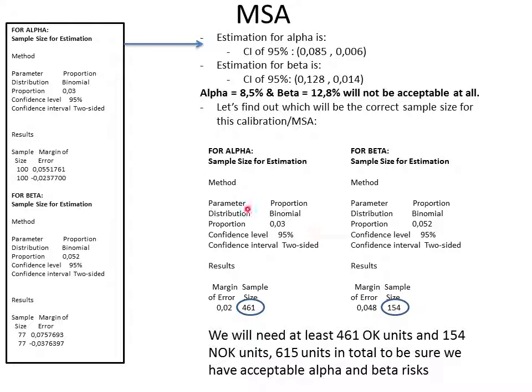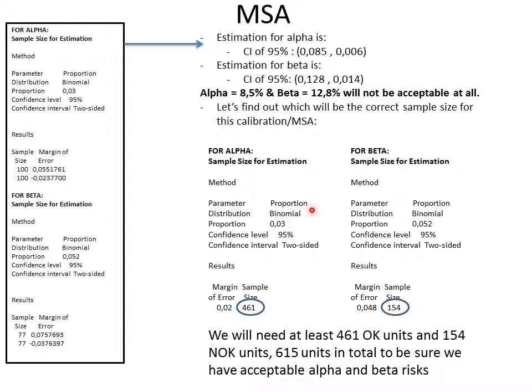As they are proportions, using the sample size for estimation tool from Minitab 17, this gives us this confidence interval for alpha and this confidence interval for beta. So as we can see, these numbers are above 5% in the case of alpha, and 10% in the case of beta. So the conclusion is we are not sure. We have a risk of not meeting customer expectations.